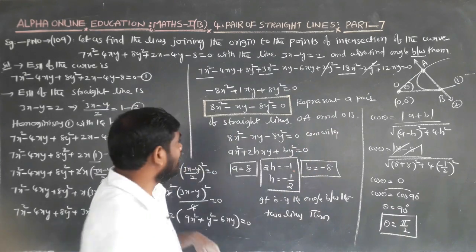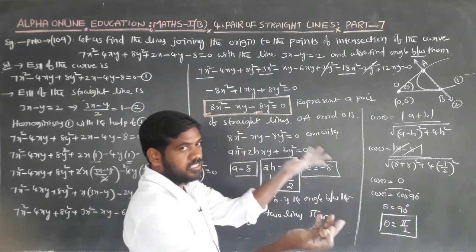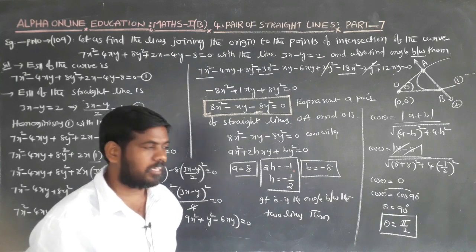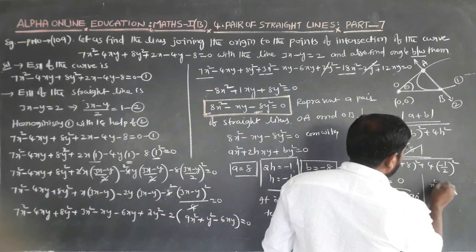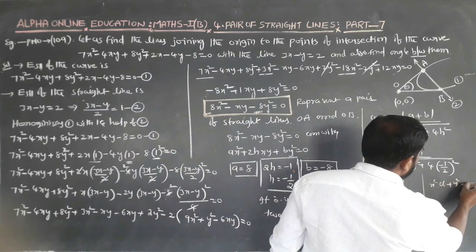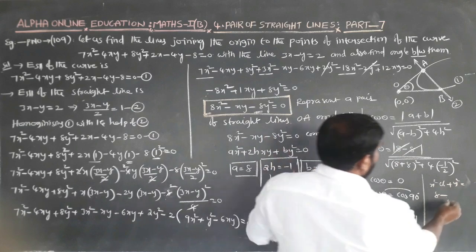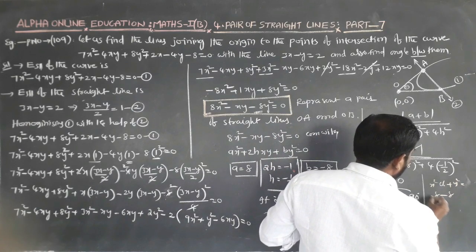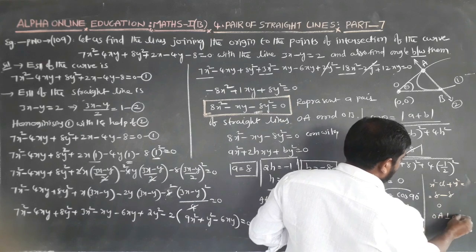Observe here clearly: the x² coefficient plus the y² coefficient is equal to 0. The x² coefficient is 8, the y² coefficient is −8, and 8 − 8 = 0, so the two lines are perpendicular.